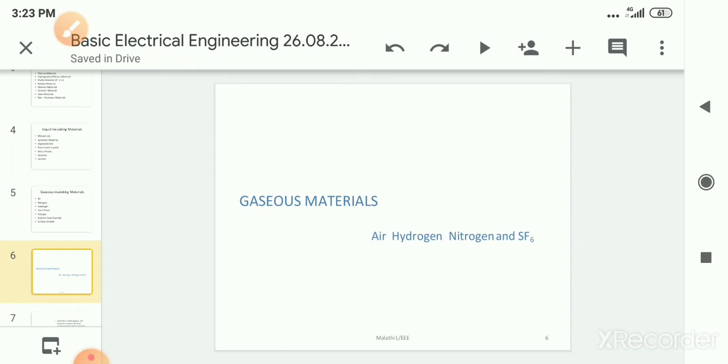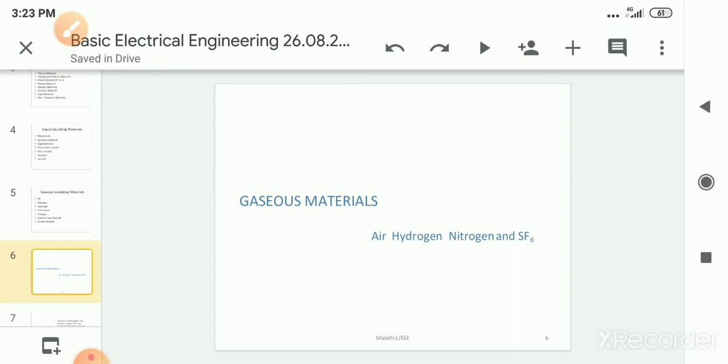Gaseous insulating material serves two purposes. Firstly, it acts as an insulation, and secondly, as a heat transfer medium. Gases are most commonly used as insulating material because they are cheap, easily available, and non-flammable.